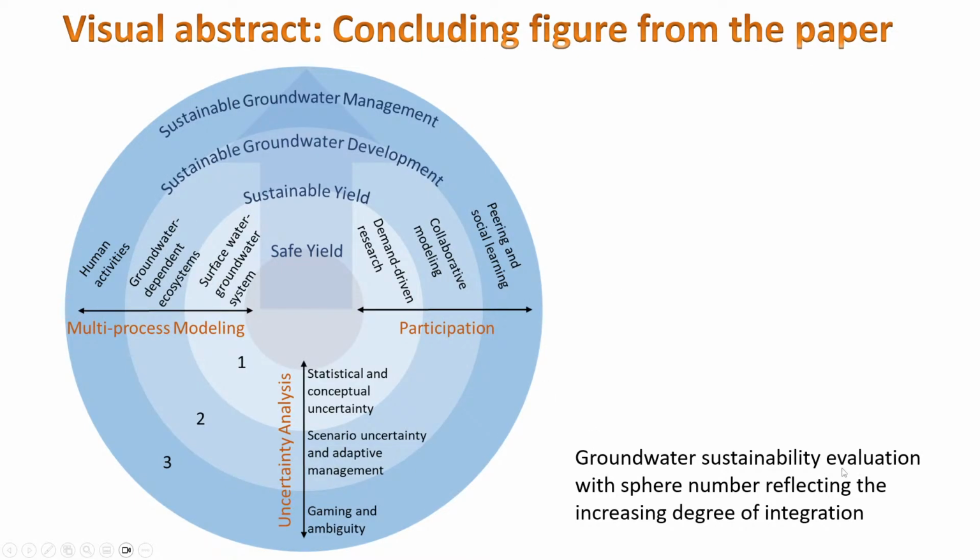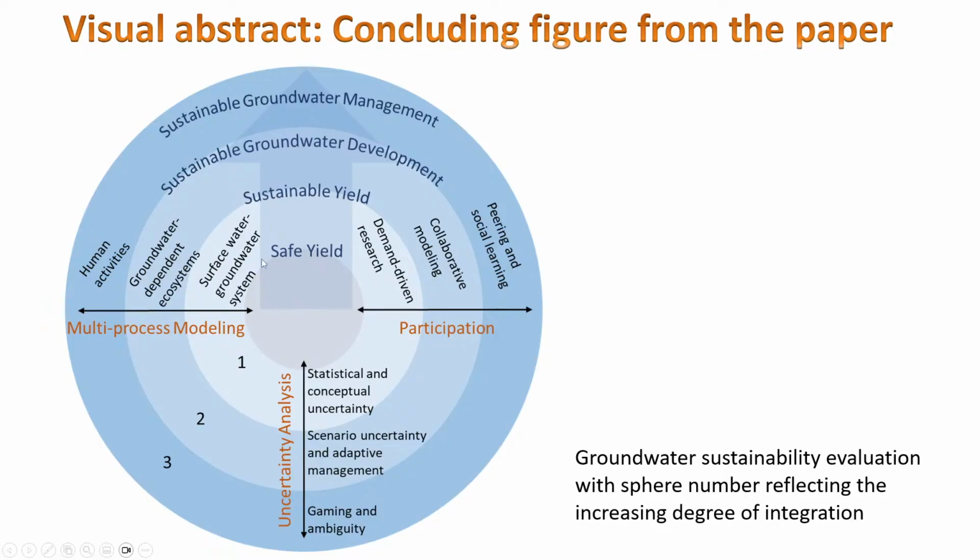Groundwater sustainability evaluation, with the spheres reflecting the increasing degree of integration. Basically, this figure concludes this paper. If you want to evaluate groundwater sustainability, you need multi-process modeling, you need participation, you need uncertainty analysis. That, by the way, was a review article. And these are different levels of this evaluation.